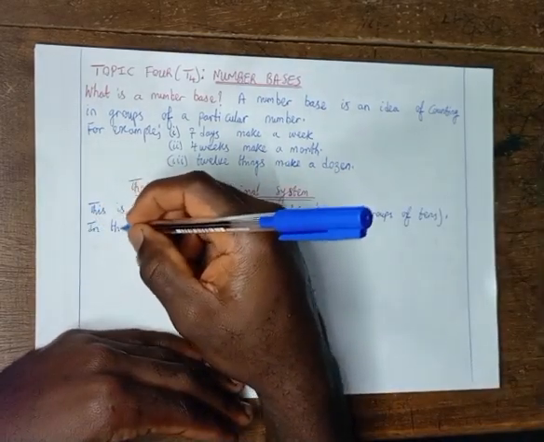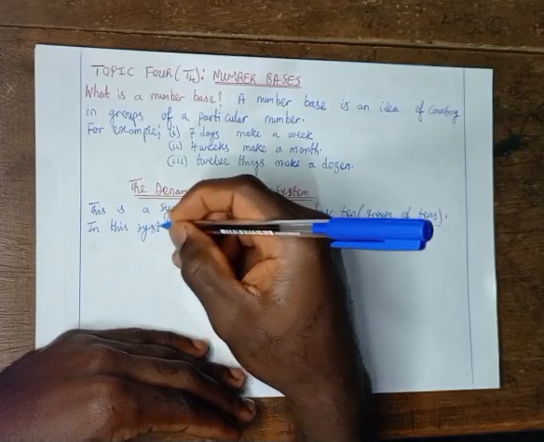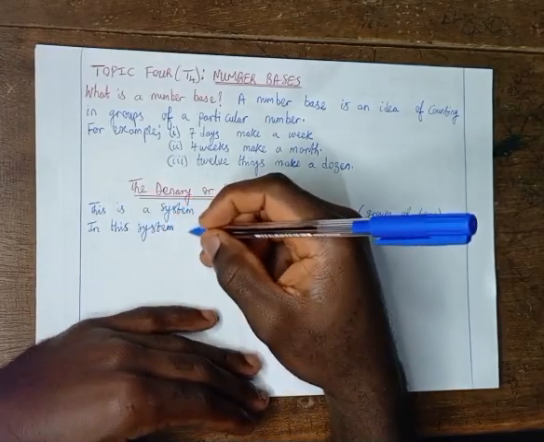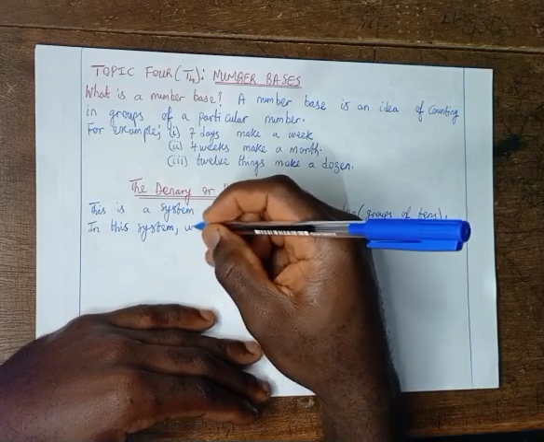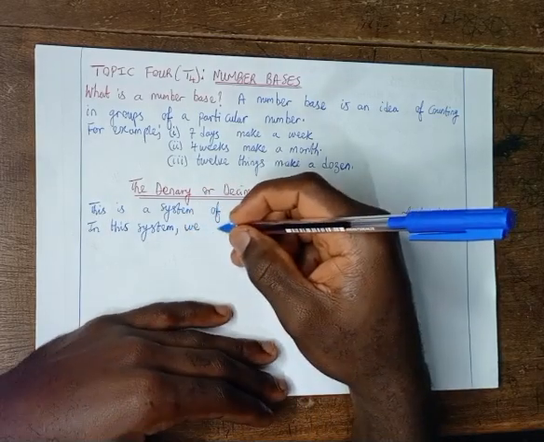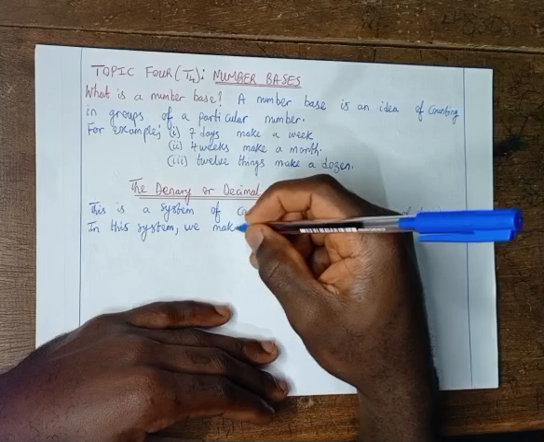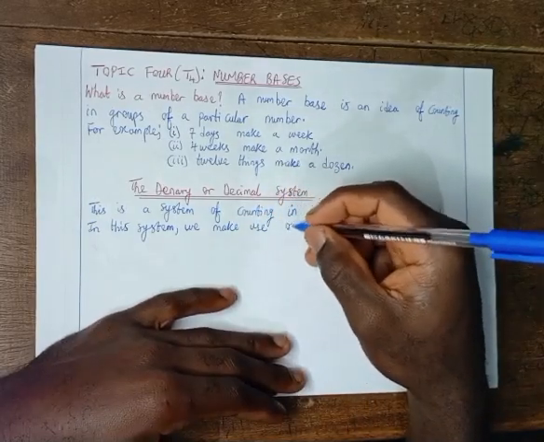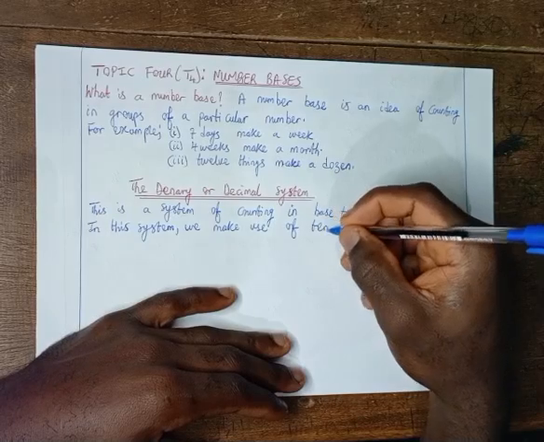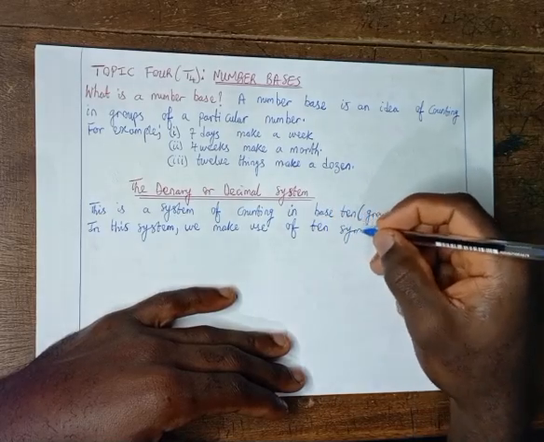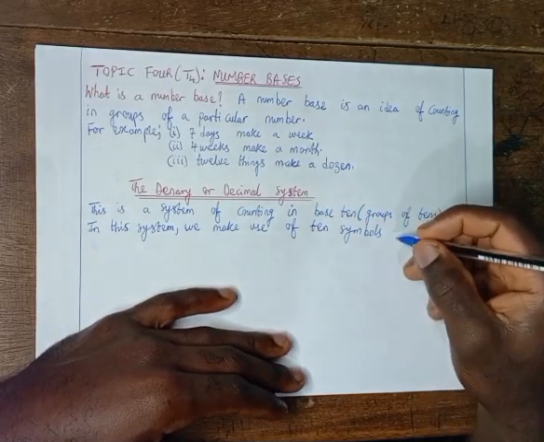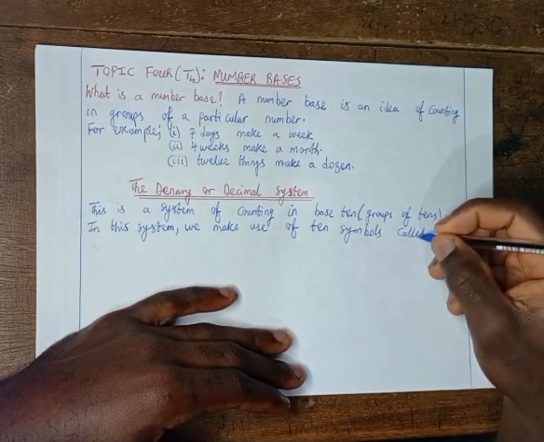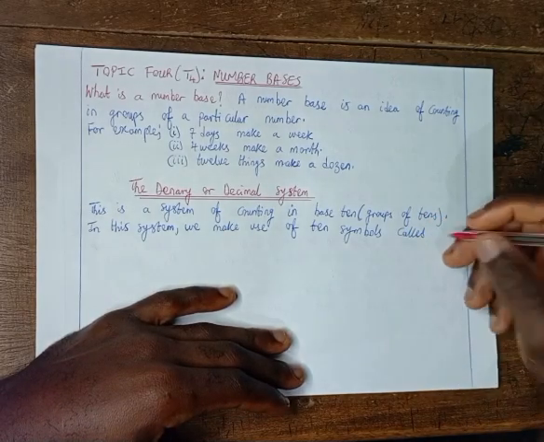In this system, we make use of 10 symbols called digits.